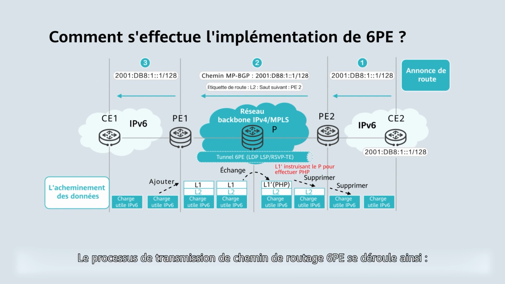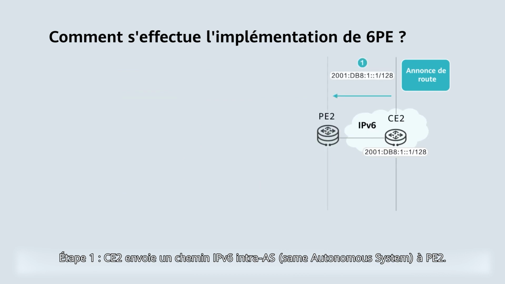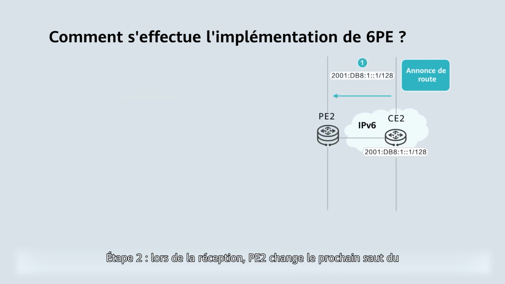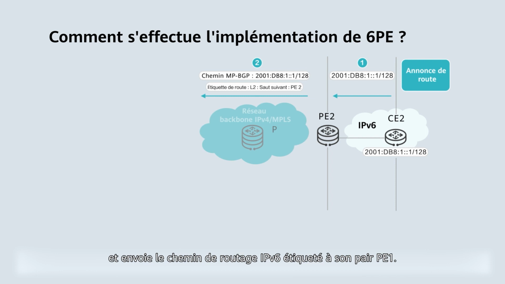The 6PE route transmission process is as follows. Step 1. CE2 sends an intra-AS IPv6 route to PE2. Step 2. Upon receipt, PE2 changes the next hop of the route to itself, allocates an inner label to the route, and sends a labeled IPv6 route to its peer PE1.